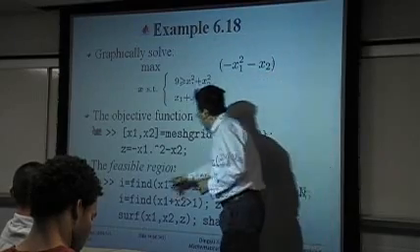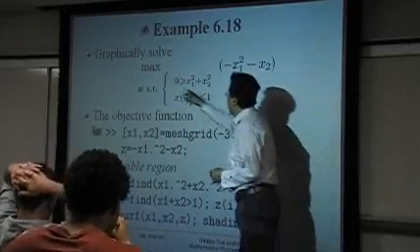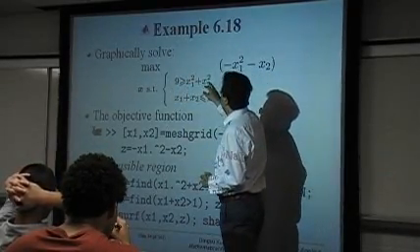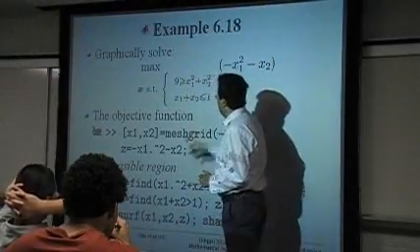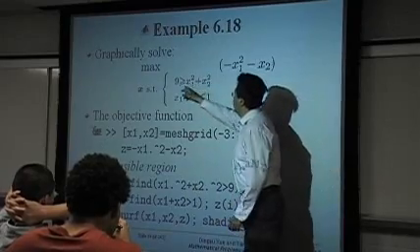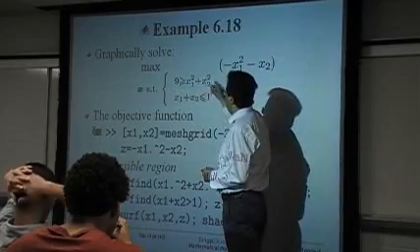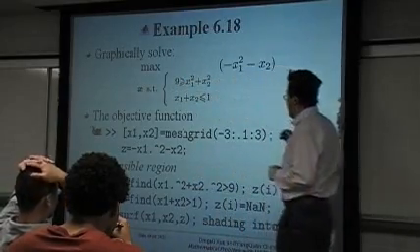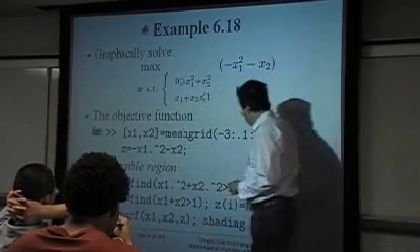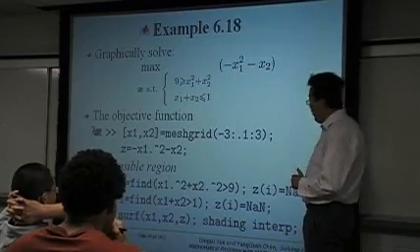We can use a command like this to find all the points which do not satisfy this condition. This condition requires the sum of its two terms to be smaller than or equal to 9, so we should find all the terms which are larger than 9, which means we have to find the terms which do not satisfy the first condition. And then we can set the value of Z for these points to NaN to exclude the points.